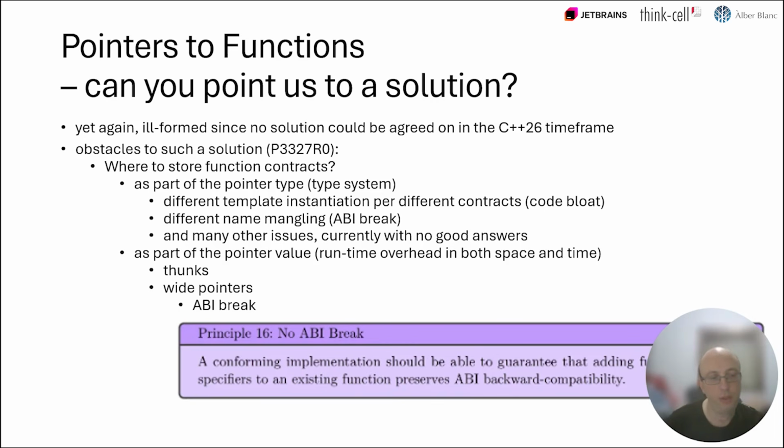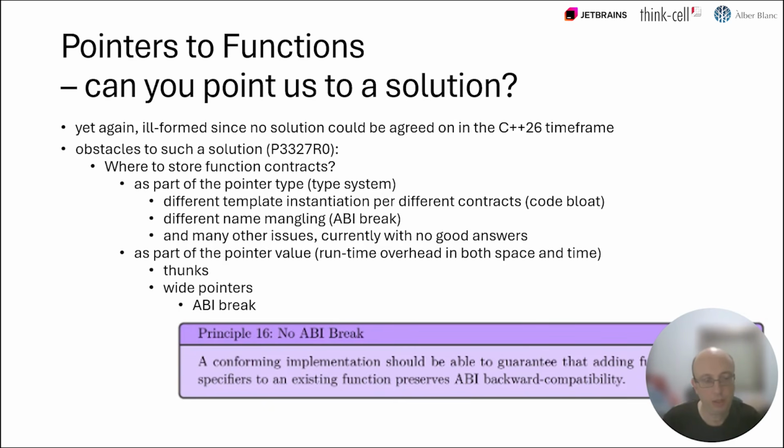The other option would have been storing the contract as part of the pointer value. This means something that must happen at runtime, and it requires both space and time. Space because you need to somehow store that extra info, and you would have to go through function thunks.